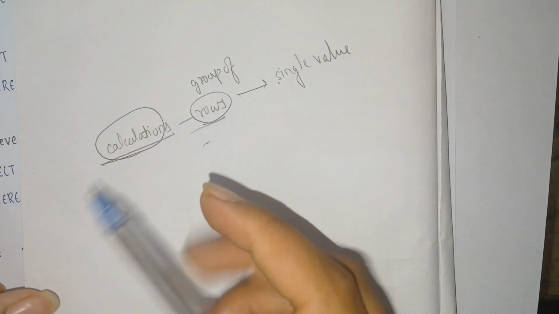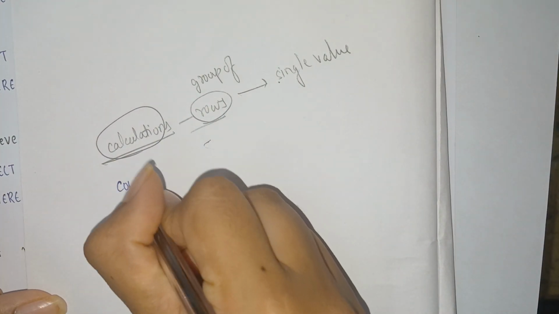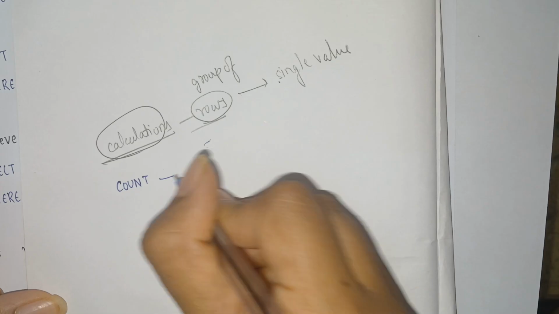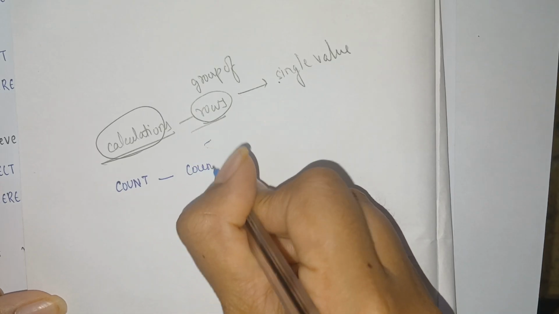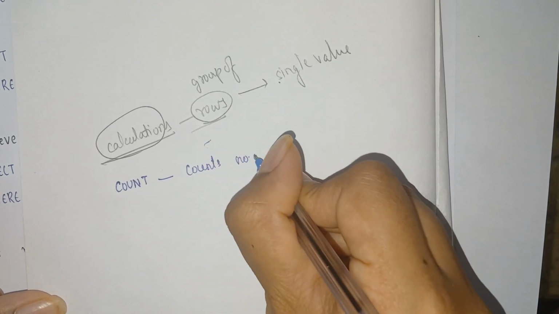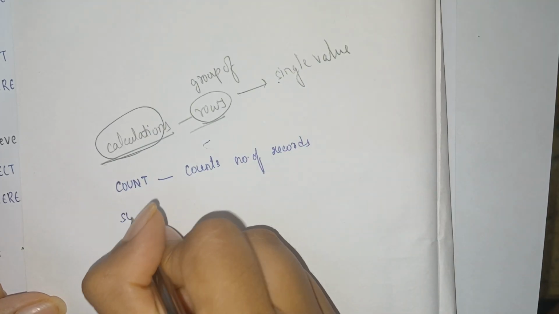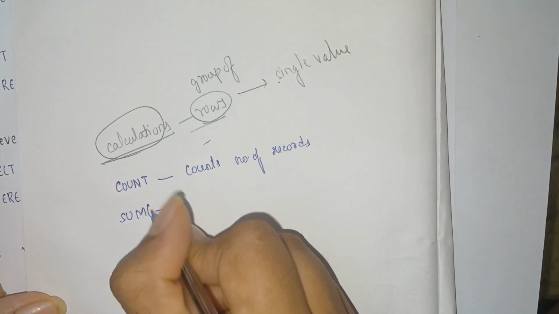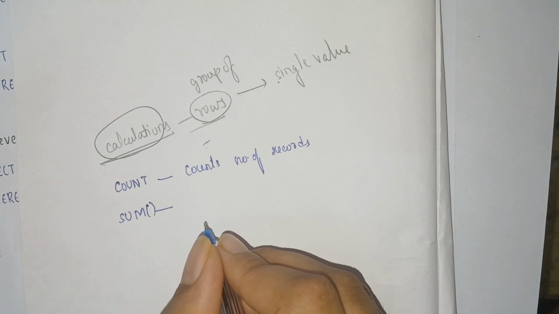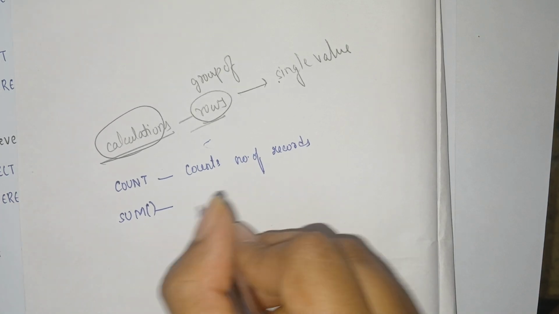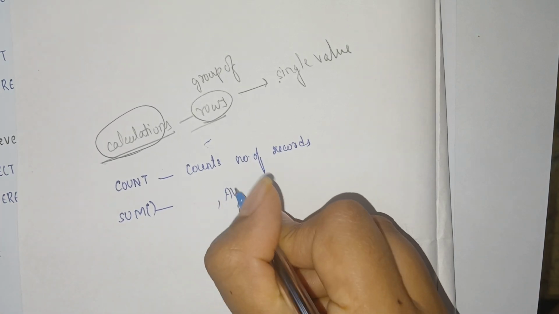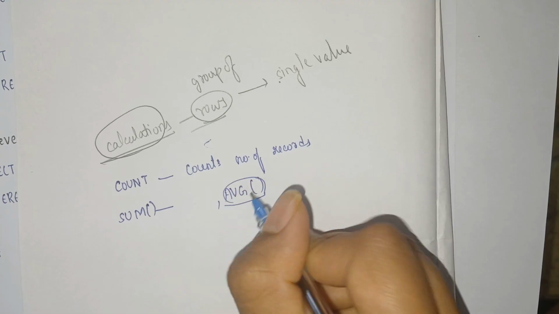We have a few aggregations. Count counts the number of records. Sum will sum all the numeric values present in that column. Average will calculate the average for numeric columns.